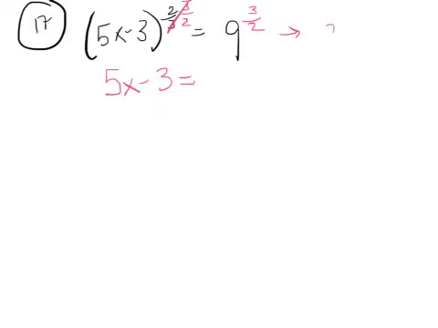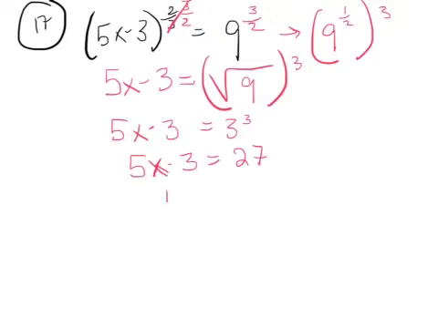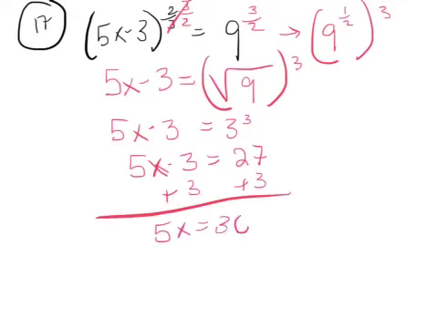And on the right side, I'm just breaking this exponent apart, 9 to the 1/2 power cubed, which is the square root of 9 cubed. So I'm going to get 5x minus 3 equals 3 cubed, or 5x minus 3 equals 27. Well, that's pretty simple. I'm adding 3 to both sides. I'll get 5x equals 30 and x equals 6.